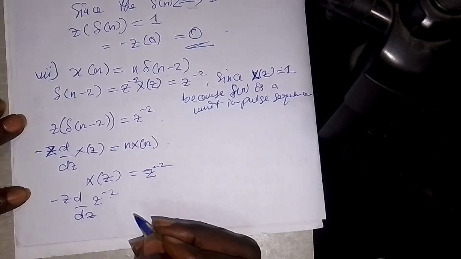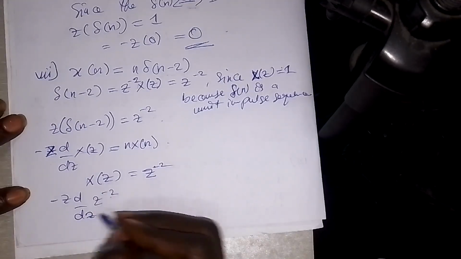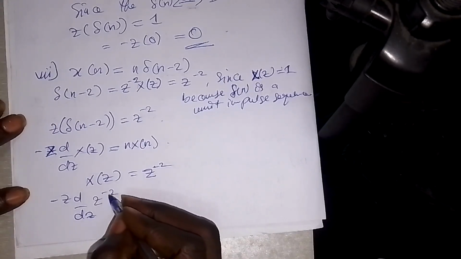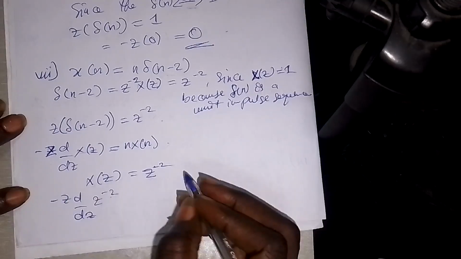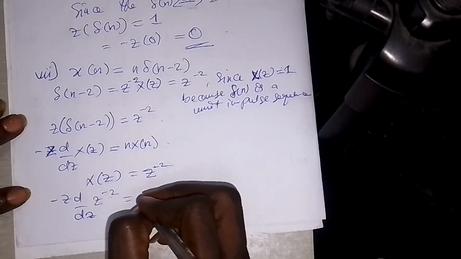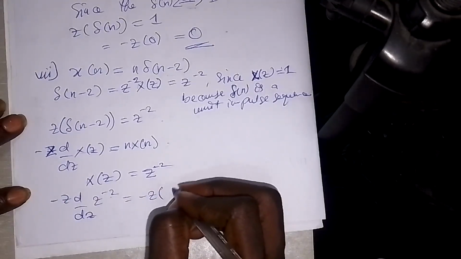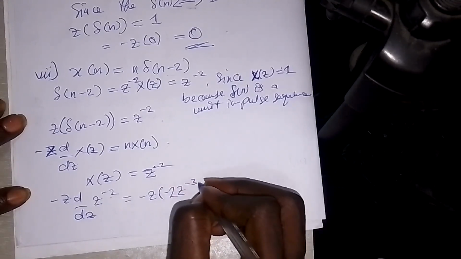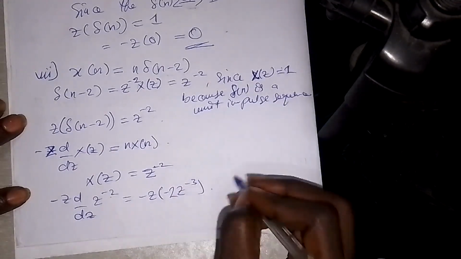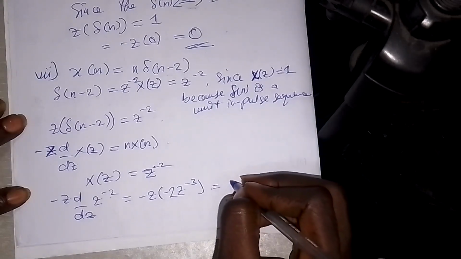If I differentiate z minus 2, I'll get minus 2 and I'll get z exponent minus 3. So I'm going to get minus z, then minus 2, and z exponent minus 3.